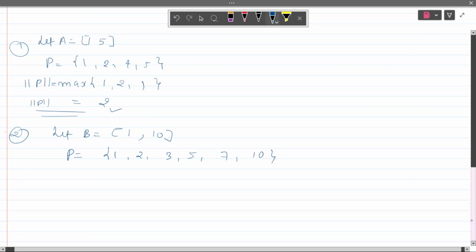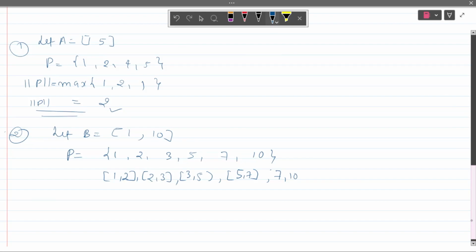Now first we need to find the length of all these intervals. So we first make the intervals: the first interval is 1 to 2, the second is 2 to 3, the third is 3 to 5, the fourth is 5 to 7, and the last is 7 to 10.